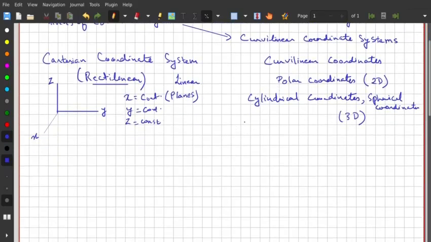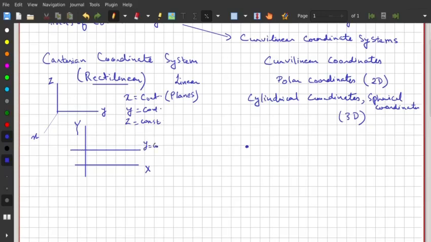Let's take an example and draw the polar coordinates. But first, let me draw the 2-dimensional rectilinear coordinate, that is a Cartesian coordinate, let's say x and y. So here y equals constant is a line, and similarly, x equals constant is again a straight line.